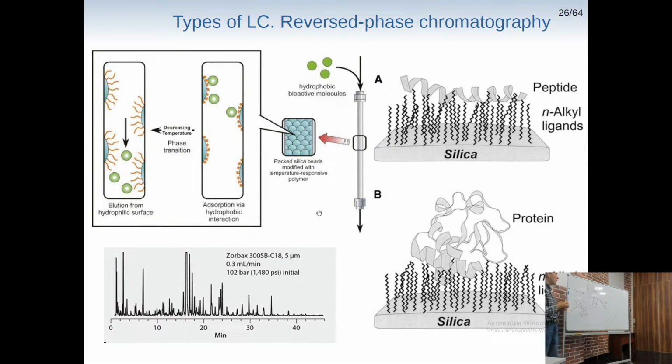But what if we change this mobile phase, and let's say have 5% of water and 95% of acetonitrile? What will happen? Acetonitrile can easily dissolve these hydrophobic interactions, and our proteins and peptides are soluble in acetonitrile, and they will be able to get out of this column.